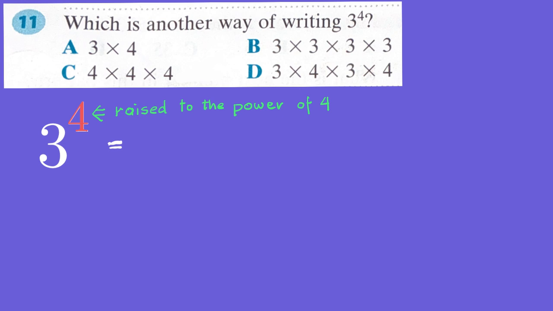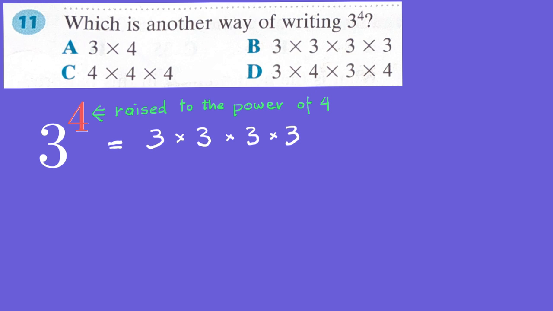So we will write 3 multiplied by another 3, multiplied by the third 3, and then multiplied by the fourth 3, because it's powered to the power of 4. Anything raised to a power will have to be multiplied that many times.